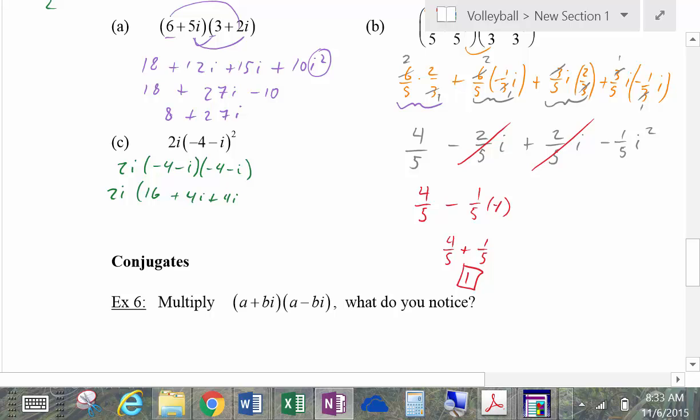Negative i times negative i is positive i squared. So 2i times 16 plus 8i. i squared is negative 1. So we get 2i times 15 plus 8i.